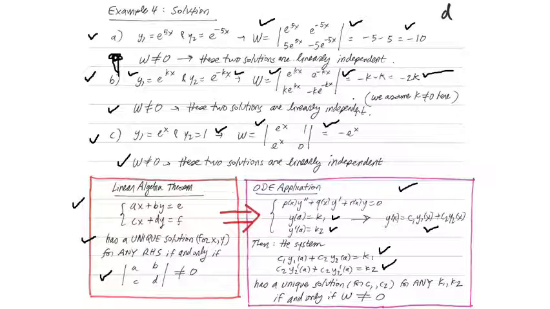And that is a linear system, two equations and two unknowns for the unknowns c1 and c2.